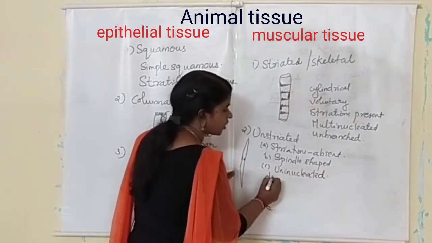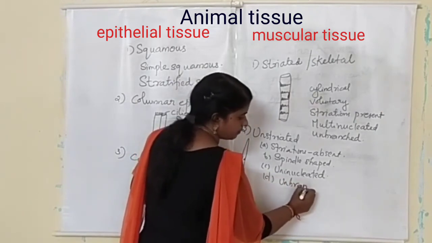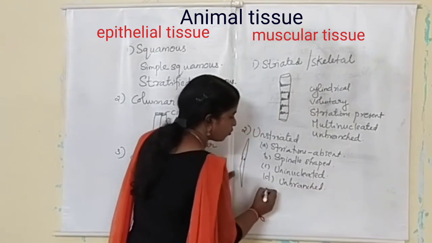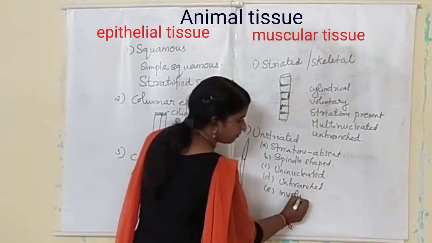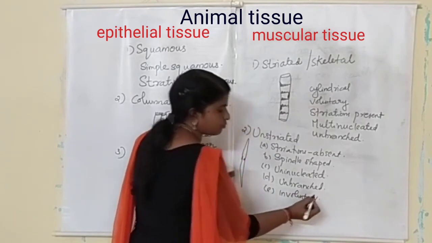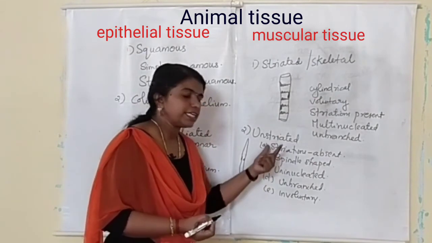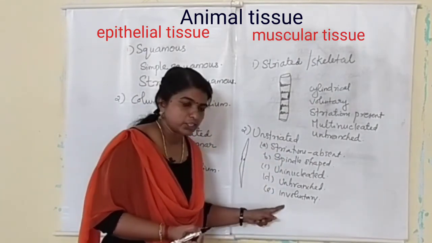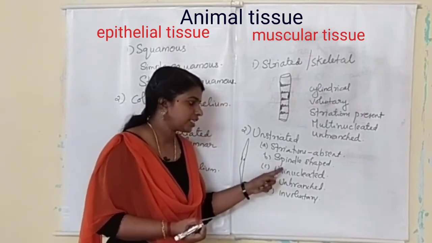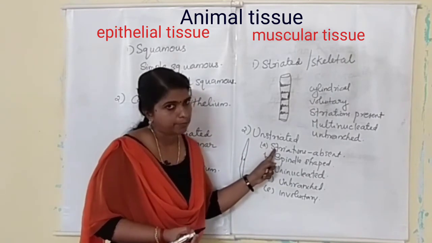Next, it is unbranched, and moreover these are involuntary. It is present in the uterus, in the esophagus, like that. So in internal organs, these types of muscles are there. It is involuntary, unbranched, uninucleated, spindle shaped and striations absent.